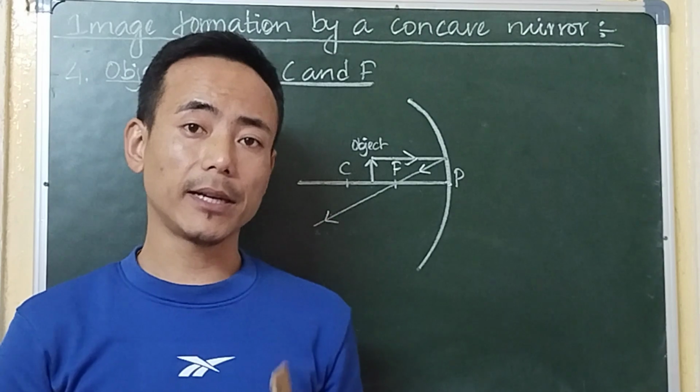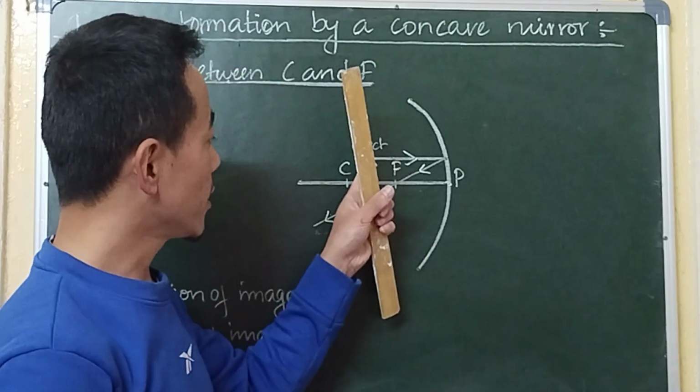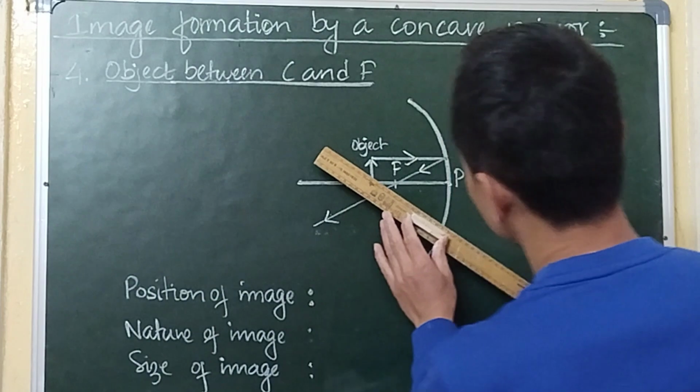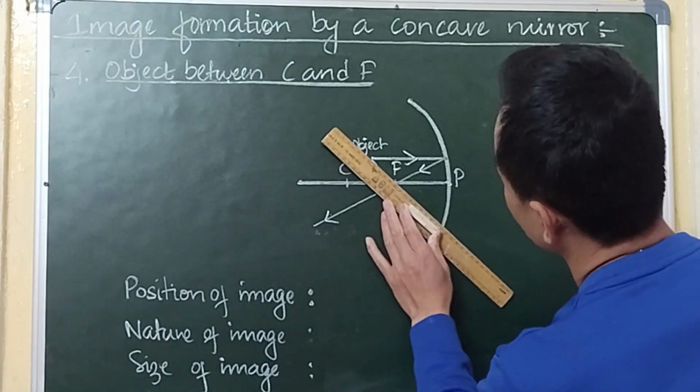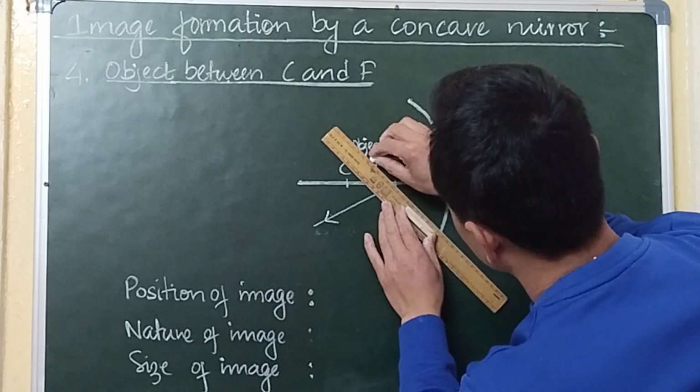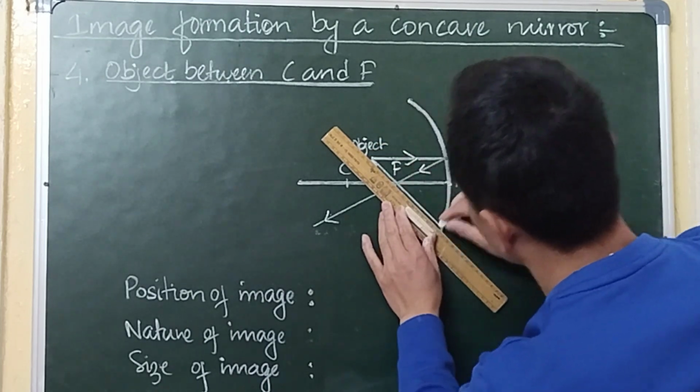So we have one incident ray which is parallel to the principal axis and after reflection passes through the focus. Now we need the second incident ray. The second incident ray we will consider passing through the focus. So from the object we need another incident ray which is passing, let's say, through the focus. This is the second incident ray that we have drawn.